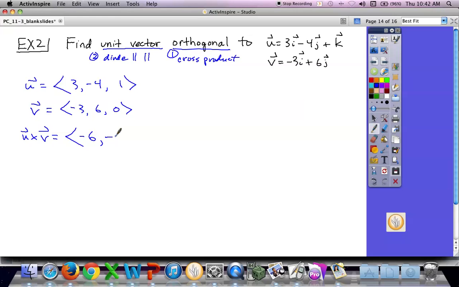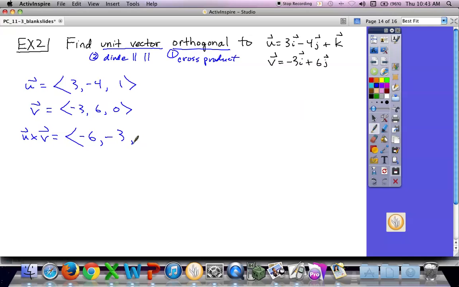is 3, right? But then you have to put the minus, which is part of the formula, so it becomes negative 3. Again, 0 minus negative 3 was positive 3, but because in the formula for cross product there is a negative in front of the second component, it's negative 3.